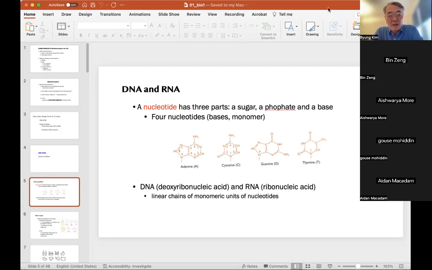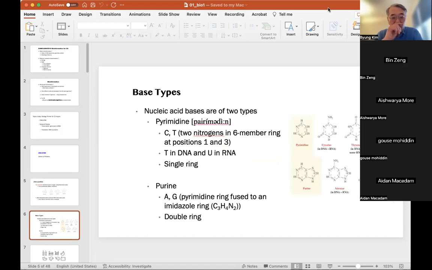DNA and RNA are basically the same, except for what substrate they are based on, and they are slightly different in chemical composition. So we're going to look at the 4 nucleotides C, T, A, G, and they are grouped into 2.